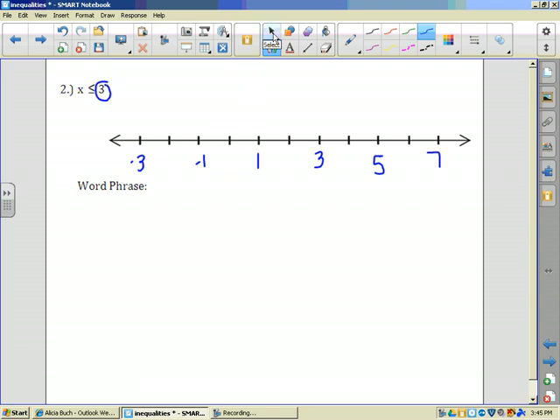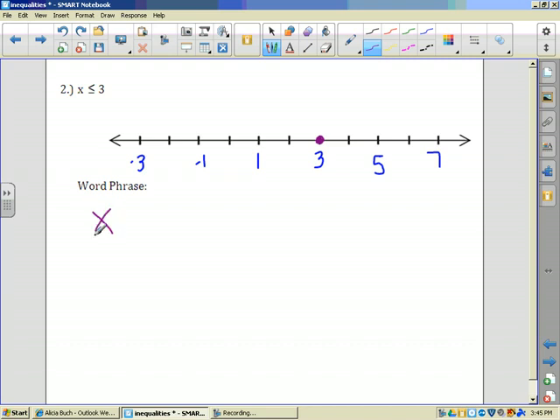And I have to decide, is that going to have a filled-in circle or an unfilled circle, an open or a closed circle? Well, because we have that equal to line, x can be less than or equal to 3, which means 3 is a solution. So we want to color it in. If it is a solution, you want to color it in. So put a nice dark colored-in dot on 3 like I just did.